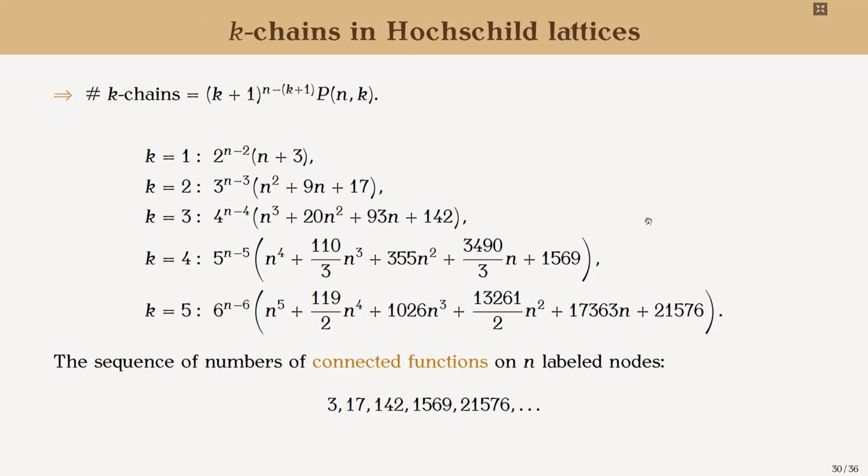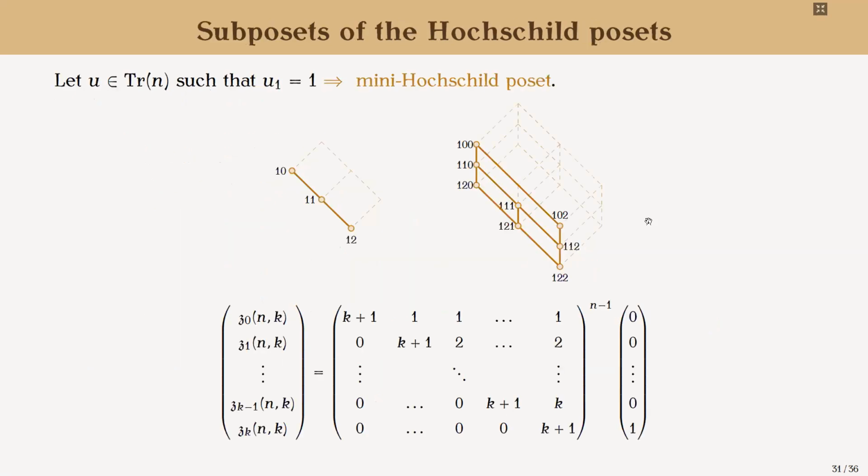And another very interesting thing is that this is not a property only of the Hochschild lattices, because we can also look at subposets of the Hochschild posets. For instance, if we restrict to Triwords starting by 1, we obtain what we call mini Hochschild.